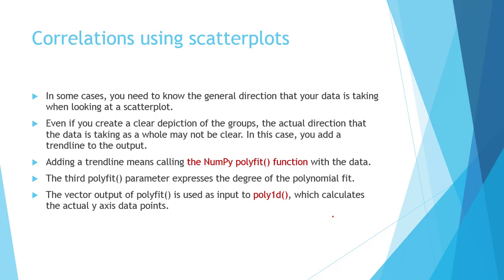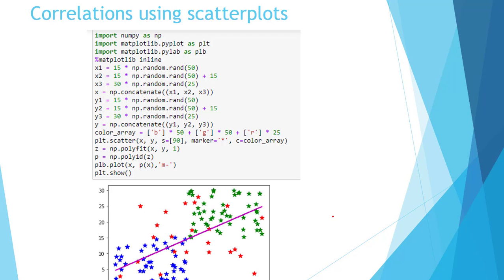So for correlation using a scatter plot, we use the numpy polyfit function, and the output of that function is given to the poly1D function. The call to plot creates a trend line on the scatter plot, from which we can see in which direction our data is going. So this is an example of correlation in the scatter plot.